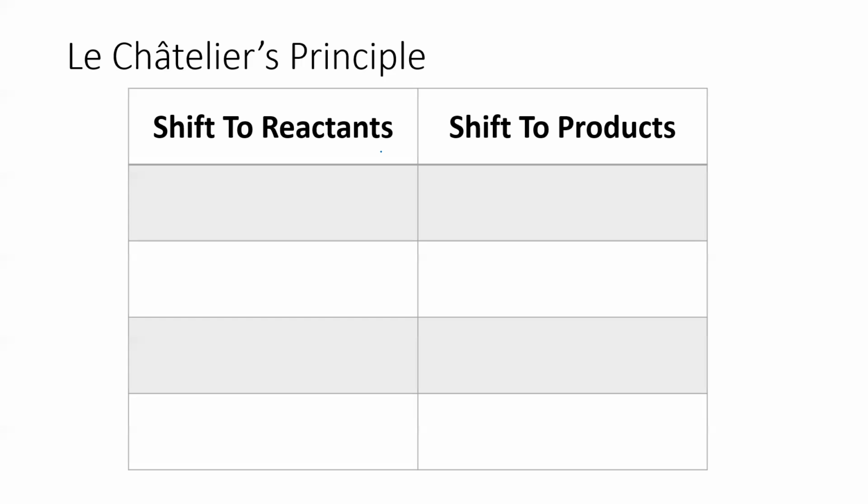Removing a product. I mean, removing a reactant. Yeah. So if we remove a reactant, our equilibrium will shift back towards those reactants to try to replenish some of that. And so conversely, a shift to products would be if we remove a product.